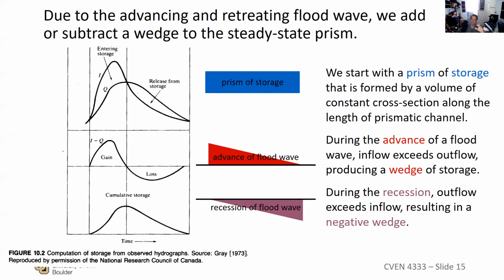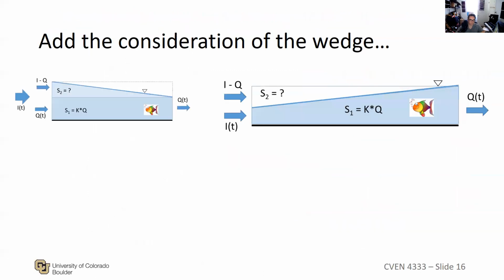If outflow is greater than inflow, then inflow minus outflow is going to be negative, and then the opposite will happen. And so this is how Muskingum gets away with only having two parameters, because you have something that controls what that wedge looks like. And then we already talked about this K in the prism approach.